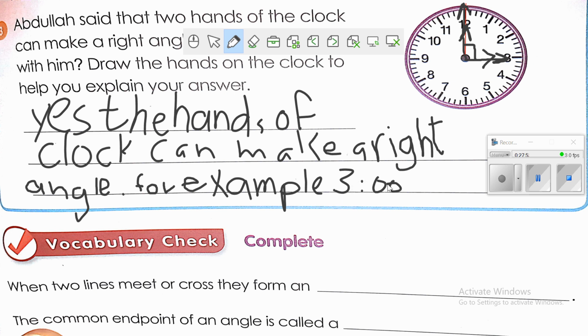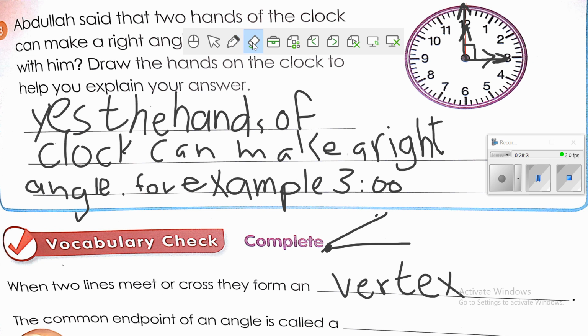Now let's check your vocabulary. When two lines meet or cross, they form. When two lines meet, they form what do you call this point? Excellent, it's a vertex.